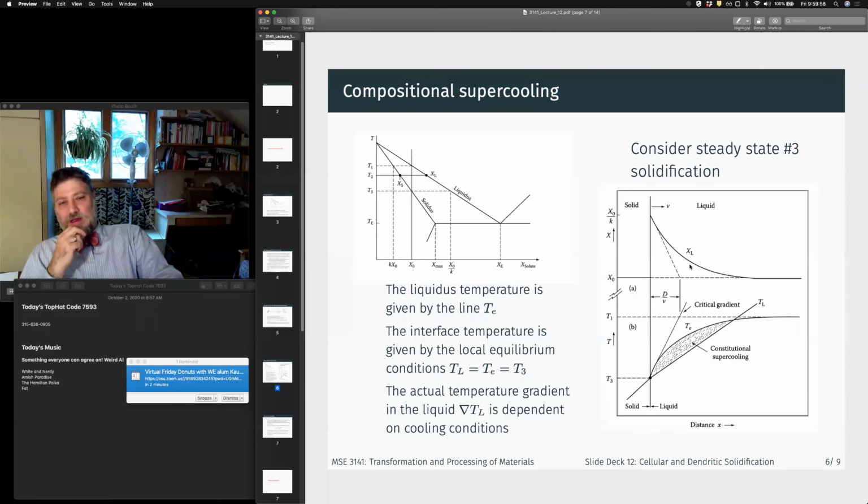If we know the actual temperature gradients, we can calculate our velocity. It's a little tricky because the diffusivity also depends on temperature. This is why there's not as much quantitative stuff here. I want you to think about this philosophically.